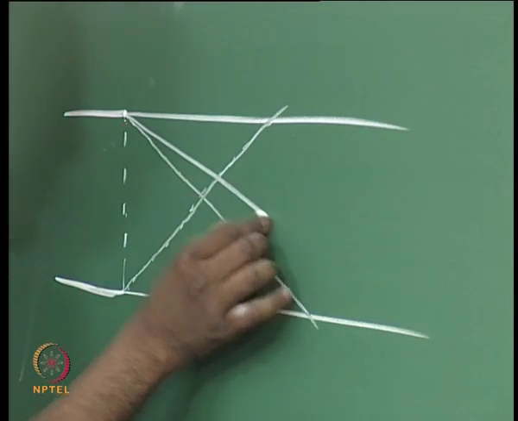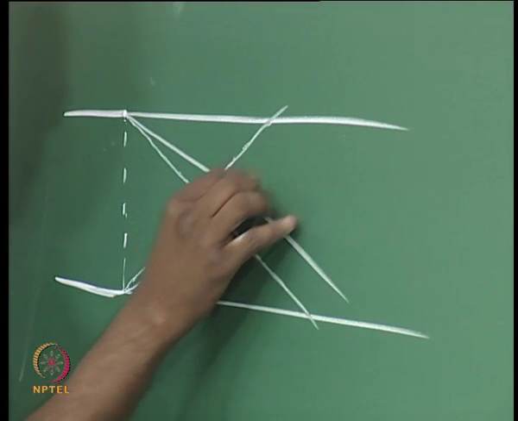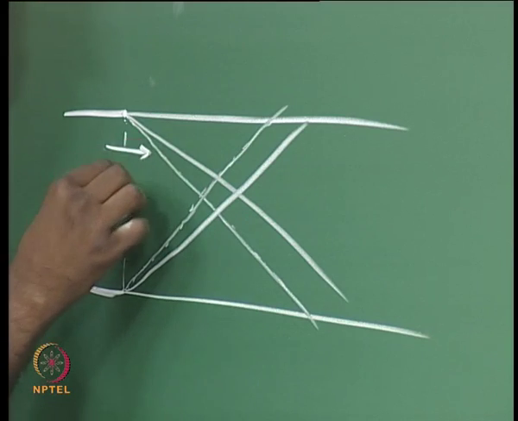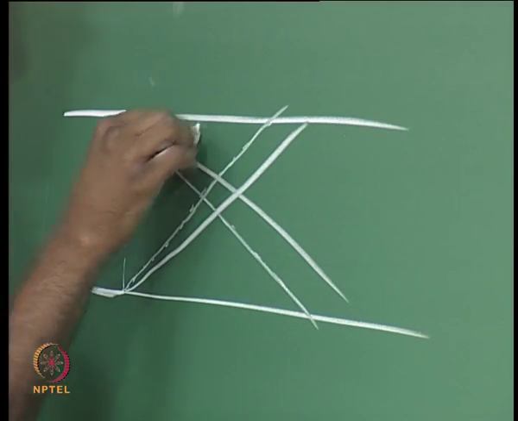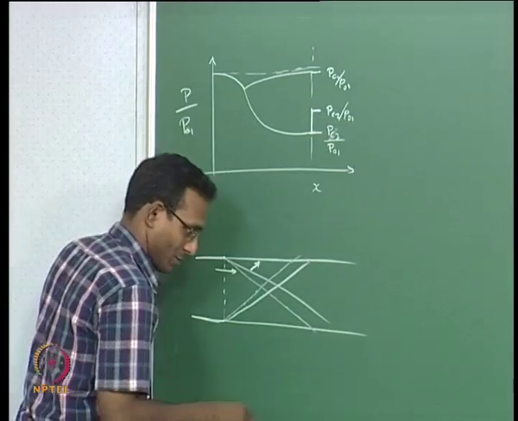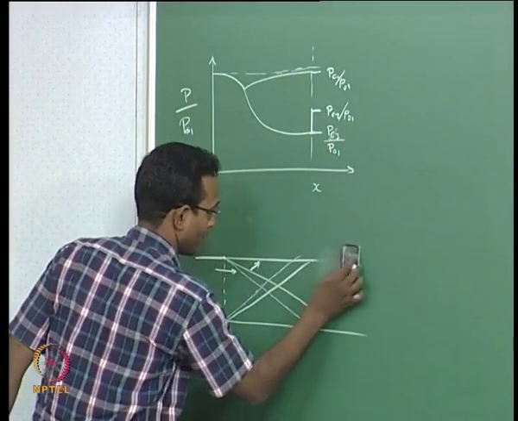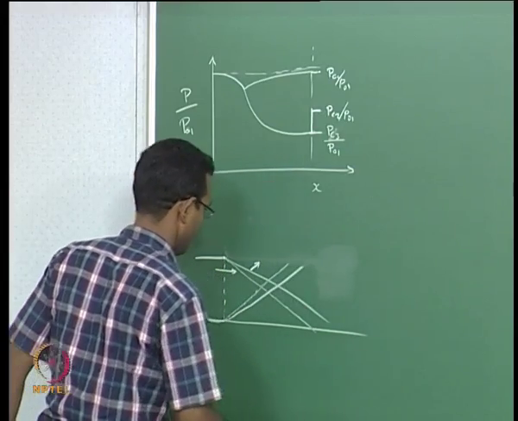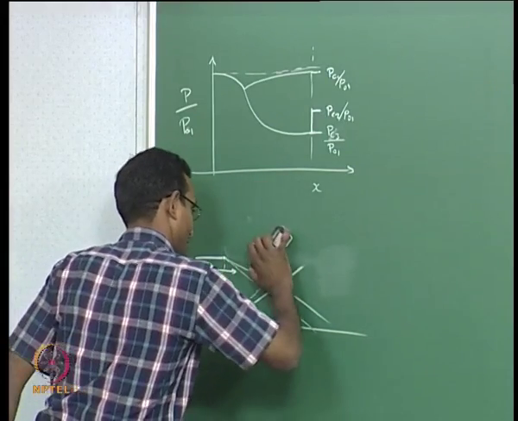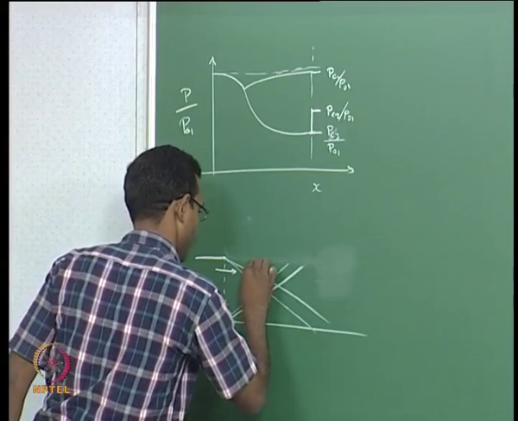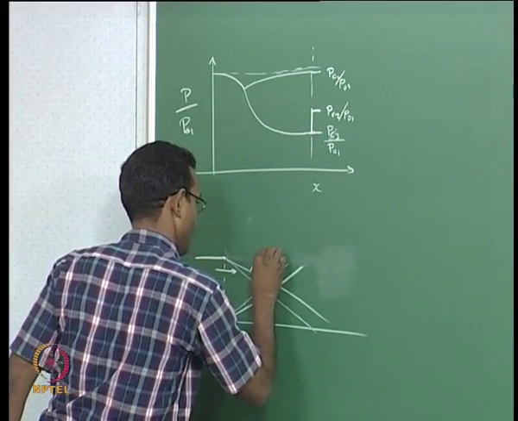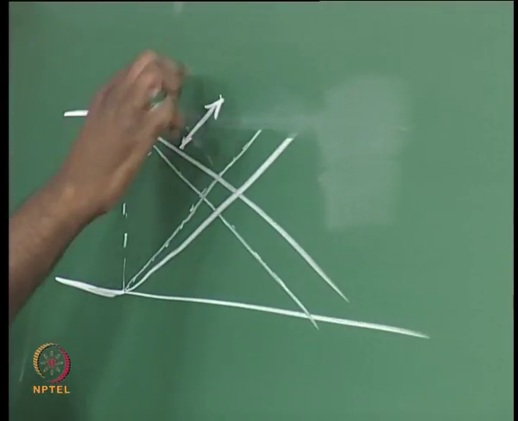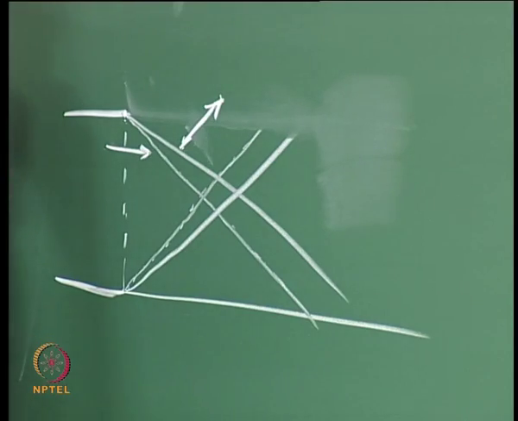Now I will have a set of expansion fans like this. When the flow is expanding, velocity will be going outward, and I have to draw the arrows correctly. I have to remove the old jet boundary, and I will change the arrow length to be a little longer. So this velocity has now increased a little bit, it accelerated along with the change in pressure.